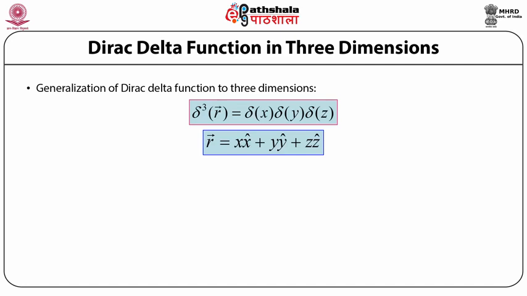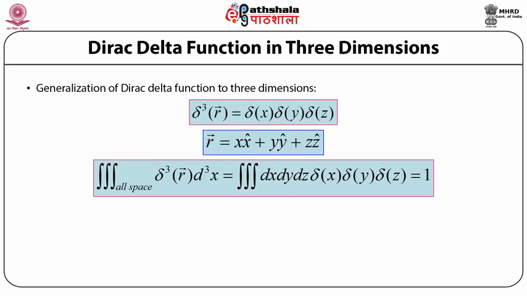Similarly, if we were to take the volume integral over the Dirac-delta function, defined as the volume integral over all space with respect to the volume element d cube x of the Dirac-delta function delta cube(r), this is equal to the triple integral over dx dy dz of delta(x) times delta(y) times delta(z), and this turns out to be equal to 1.